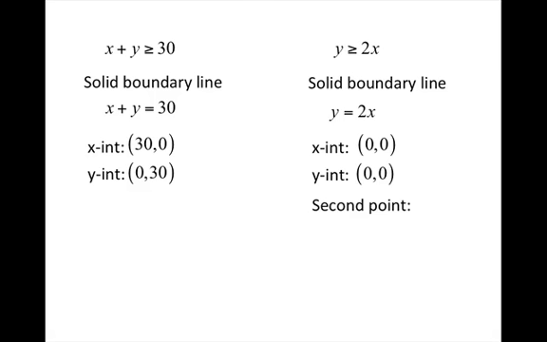They were multiples of 10, so I'm going to use a multiple of 10. So I'm going to let x be 20 because it's close to the 30 from the other equation. If x is 20, y is 2 times x, which is 40, so I get that y is 40. So my second ordered pair is the point (20, 40).